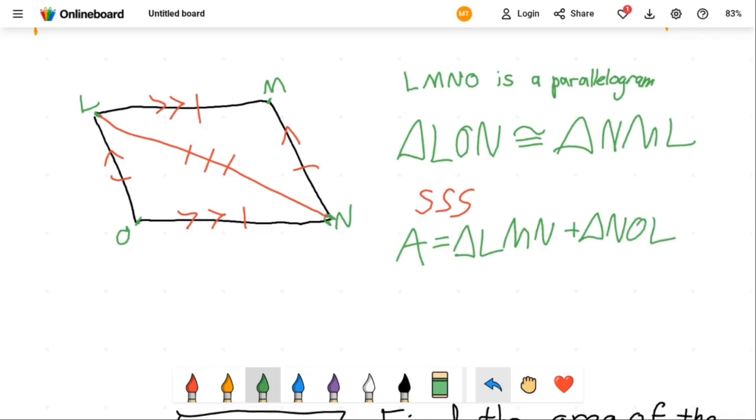And since we know that these triangles are congruent, we can change this into 2 times the area of triangle LMN.